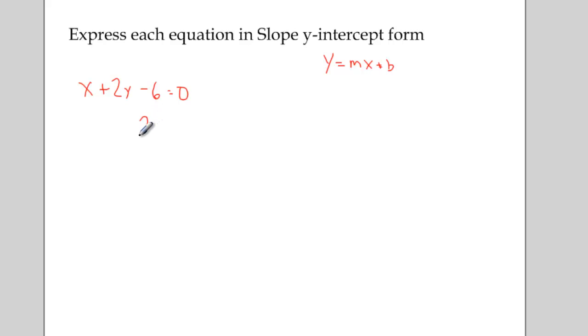So I bring everything that isn't the y variable over to the right-hand side. And then my last step is to divide every term by 2. I get negative 1/2 x plus 3. My slope is negative 1/2. My y-intercept is 3.